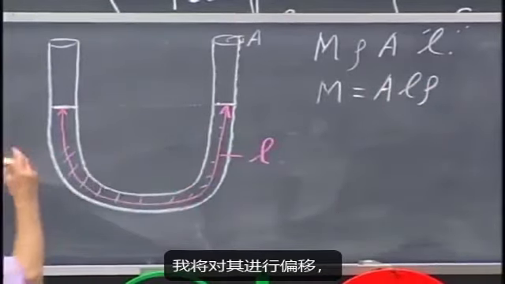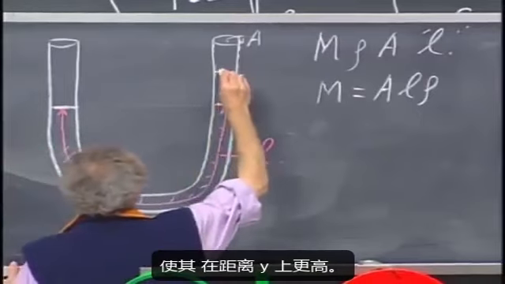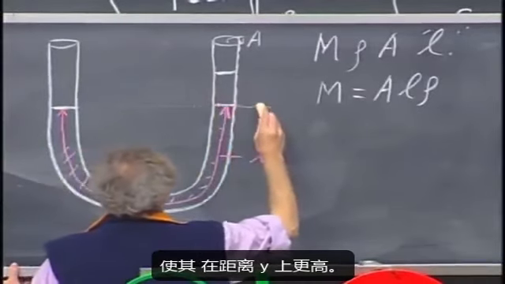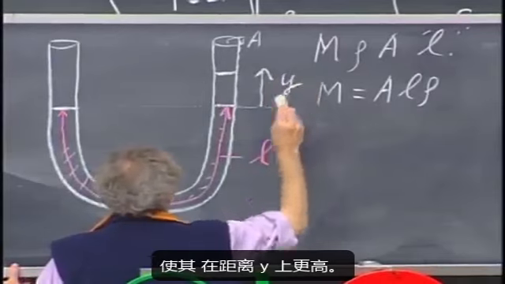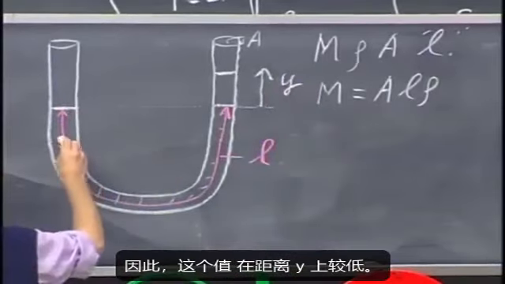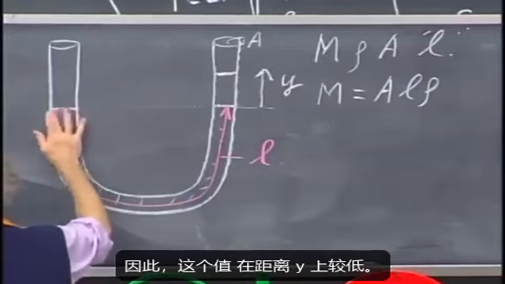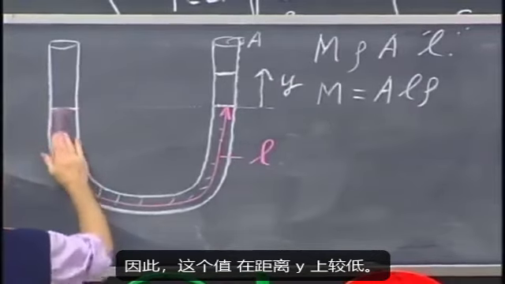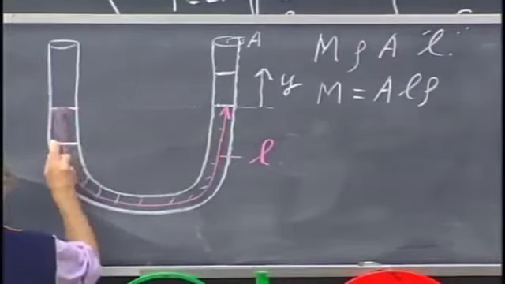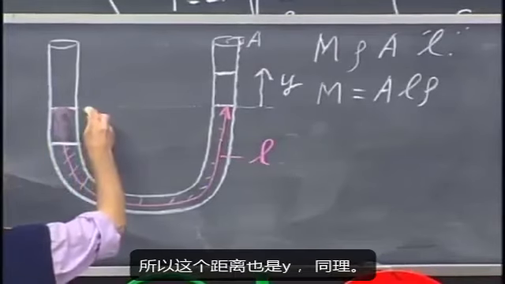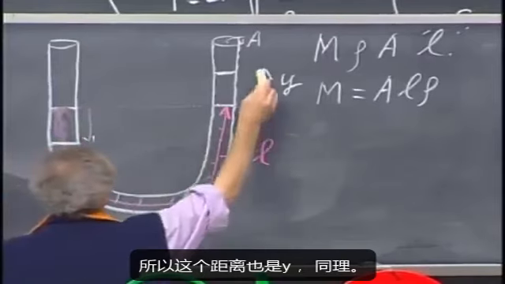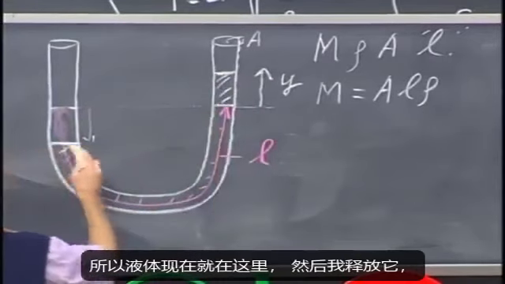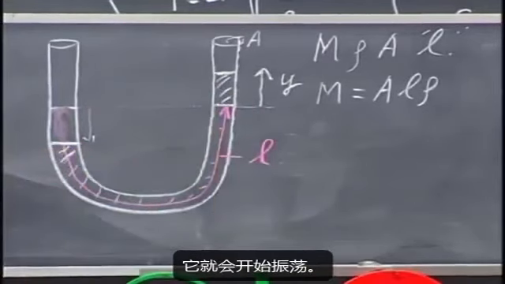I'm going to offset it so that this is higher over a distance y. So this then is lower over a distance y. So this distance is also y. Same as that. So the liquid now is here, and then I release it, and it will start to oscillate.